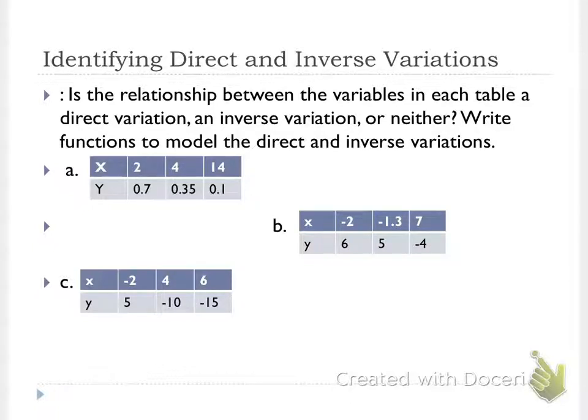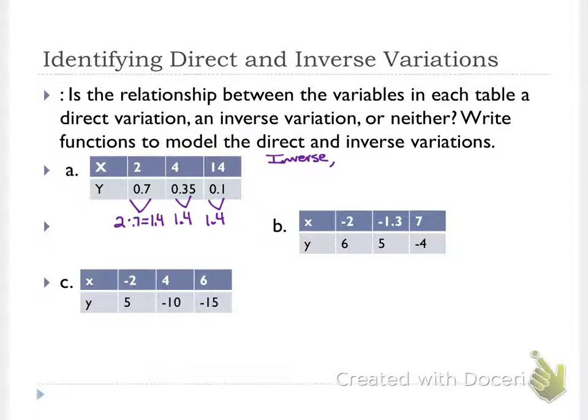First, I'm going to do inverse variation. 2 times 0.7 is 1.4. 4 times 0.35 is 1.4. And 14 times 0.1 is 1.4. So here we have inverse.